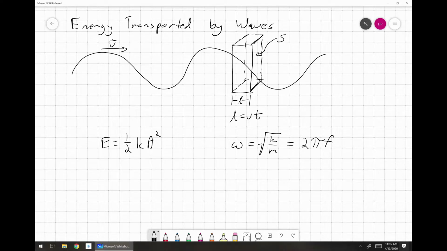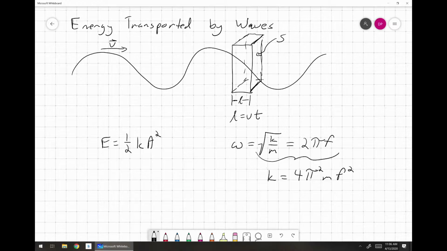So from this equation here, we can solve for k. If we square both sides, we get k over m, and we're also going to be multiplying by m. So we have a 4, a pi squared, an m, and then the frequency squared, right? So that is our spring constant, quote unquote.